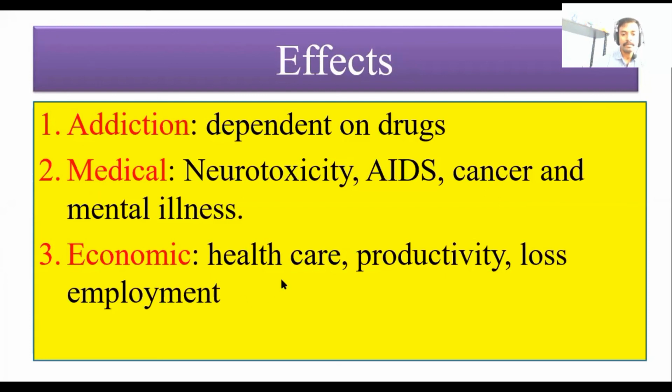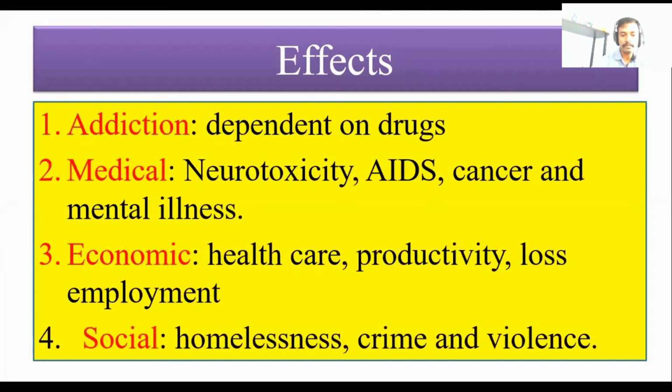Then economic: productivity loss, loss of employment. Then social effects: homelessness, crime, violence, mainly violence against women in families. A person takes drugs, brain damage, unable to think, which leads to various violence.